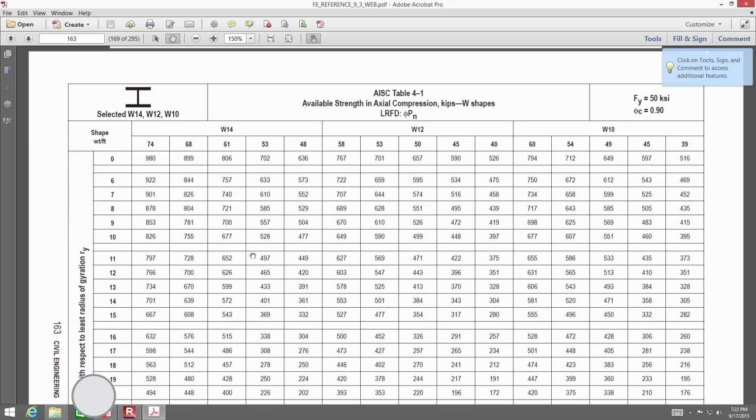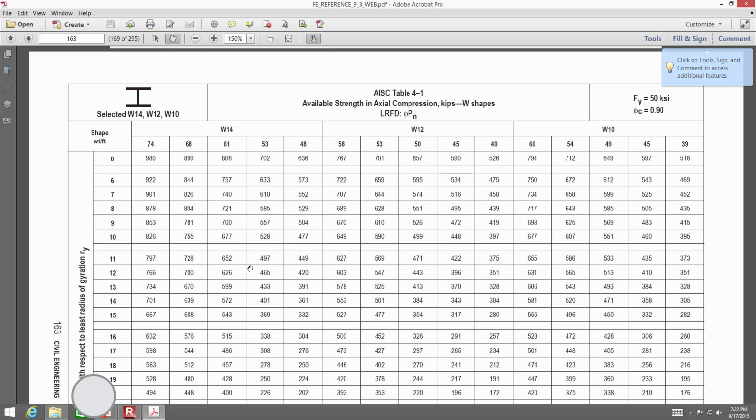And finally, now this table probably doesn't look familiar right off the bat, but this is Table 4-1. Remember the design table where, based on a KL on the y-axis and based on a load, you can pick a family of W14s, W12s, and W10s. This is the table from which you actually select columns and then check them later.